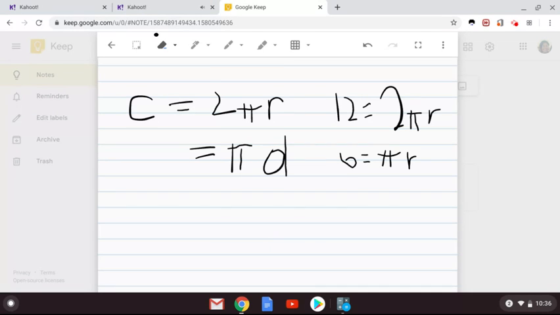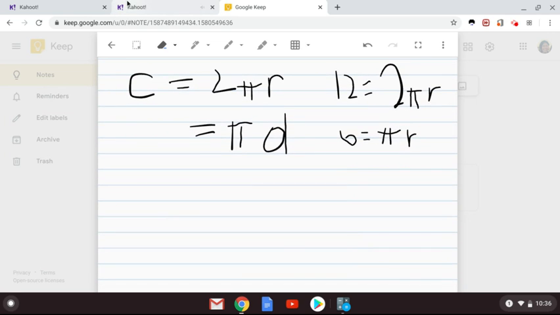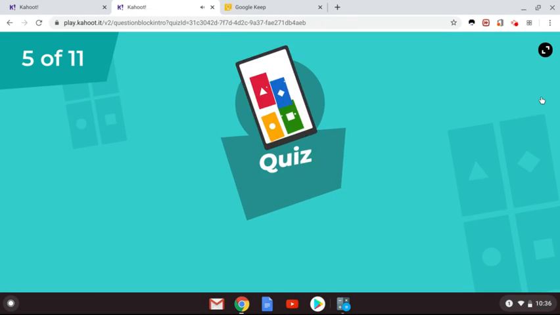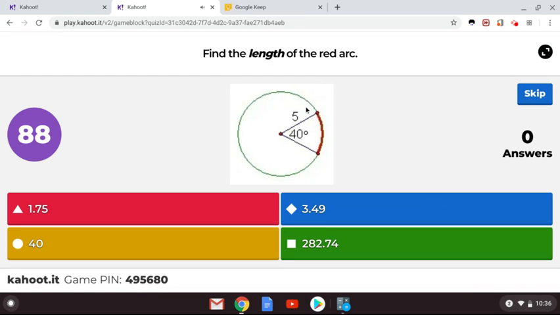Before I continue, I'm going to keep scrolling down a little bit. Okay, find the length of the red arc. So this portion here. Let's see.